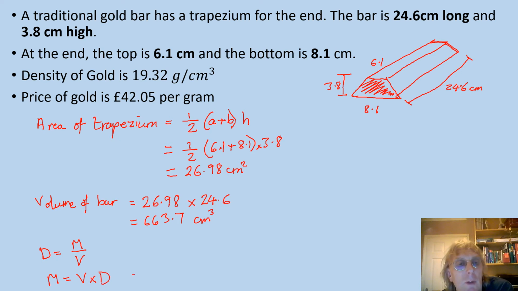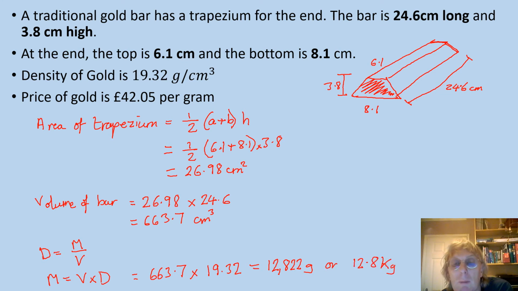So volume is 663.7 multiplied by the density, which is given to us as 19.32, and that gives us 12,822 grams, or 12.8 kilograms.